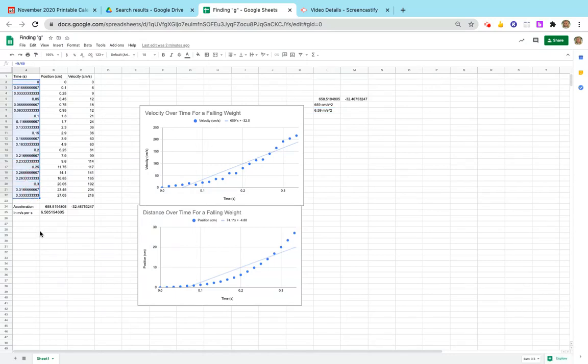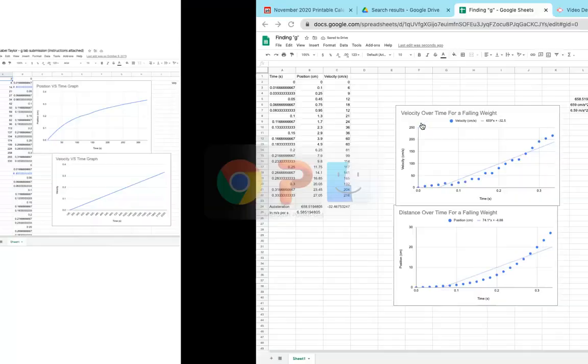If you just put 1/60, 2/60, Sheets doesn't know how to read that, and it's going to tell you that it can't make a graph with that. So instead, you have to put equals 1 divided by 60. That gives you a real number. Equals 2 divided by 60. That gives you a real number. It does not know how to read fractions, so be wary of that.